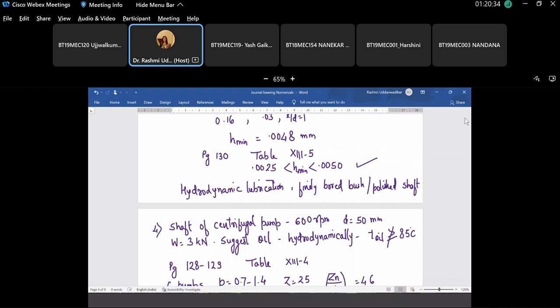So we say it is hydrostatic bearing. Assuming the shaft is not rotating, but it is taking care of the weights. And we don't call that part a shaft because shaft is a rotating member. So if a member which is carrying load has to be supported at the ends, we use hydrostatic bearing.